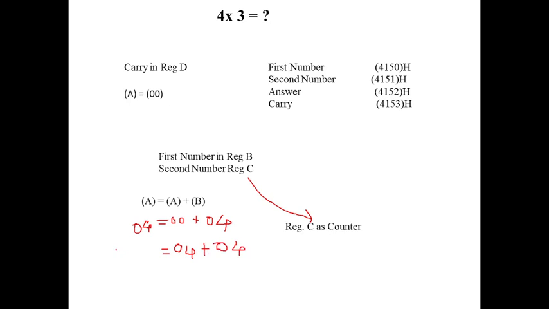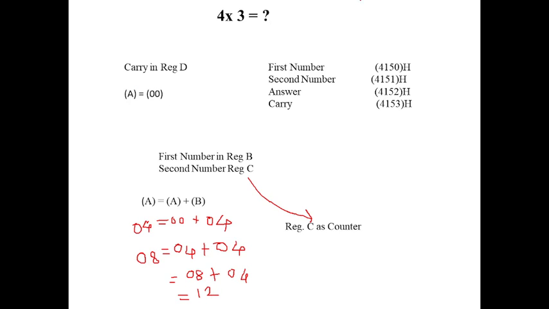So 4 plus 4 will become 8. So this is the first time, this is the second time. Now the accumulator contains 08, and register B contains 04. So in decimal it is 12. Okay, so not 012, it is just 12.